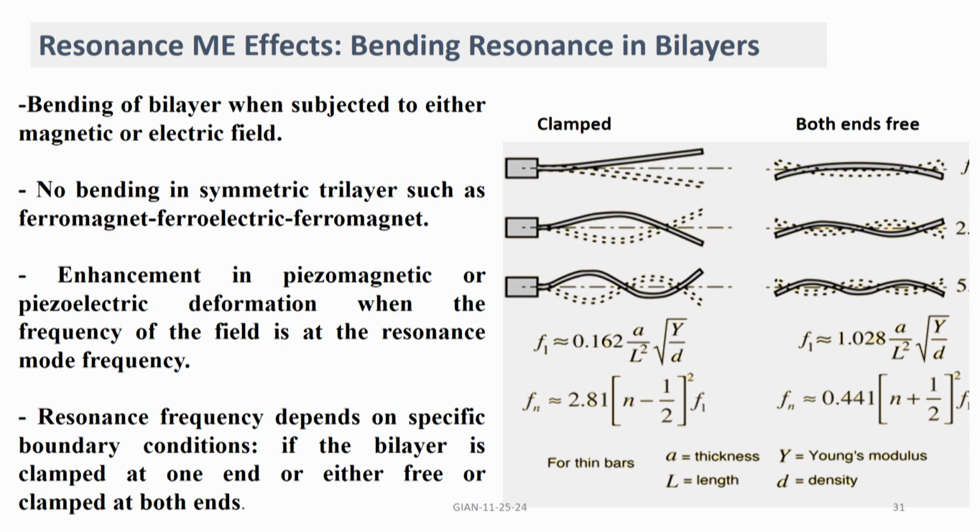Any clamped end, it's 0 in amplitude. So the fundamental mode under clamping would be this mode here. If you look carefully, there is 0 amplitude at the left end where it is clamped, and maximum on the front end. So that corresponds to lambda over 4 for the wave.